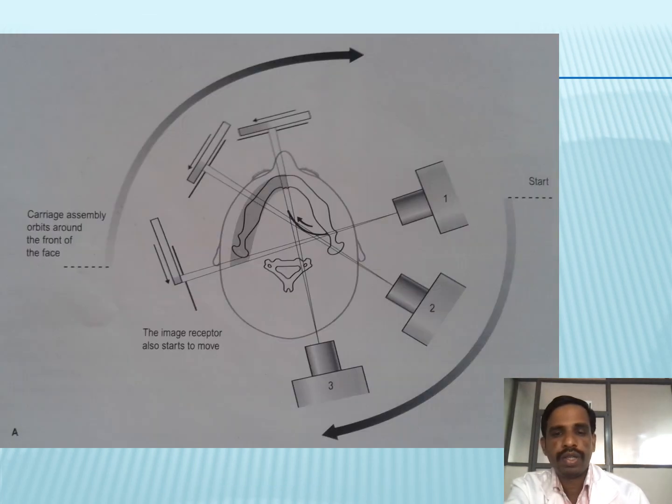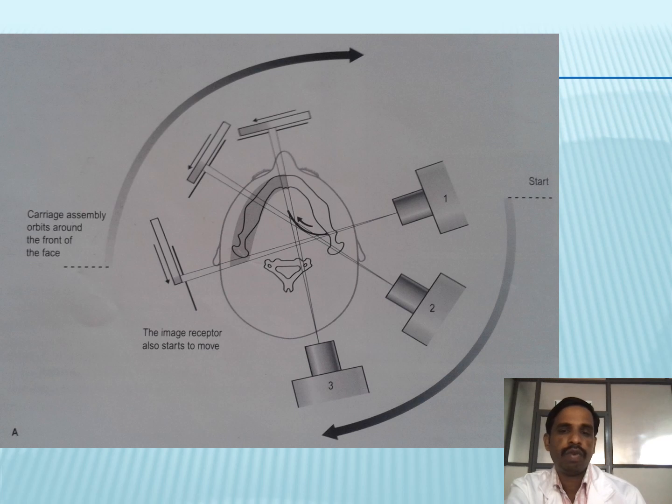This is an image showing how the image is going to be captured. The starting position, and positions 1, 2, 3 are shown. The X-ray source is passing from the right side of the mandible of the patient. You can see the rotation center is located here, and whatever image is captured here you can see in the film.